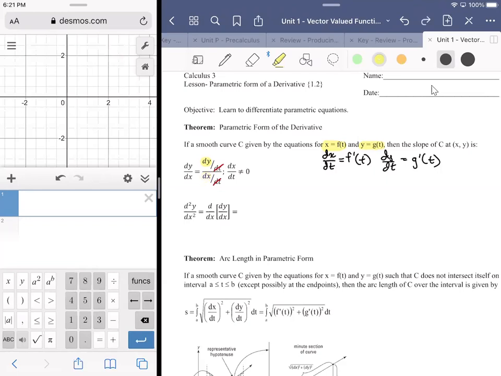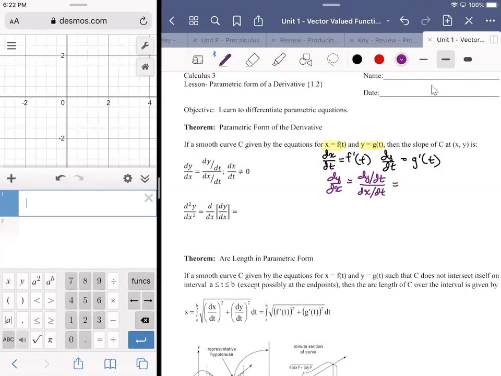All right. So another form of this, so we now know that we could represent dy/dx as dy/dt over dx/dt.